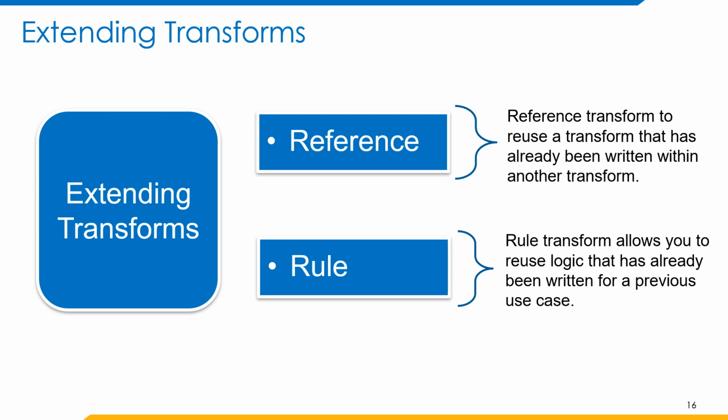Rule transform. The rule transform allows you to reuse logic that has already been written for a previous use case. You can use the rule transform to reuse code contained within a generic rule. In the next slide, we will understand some of the transform operations.